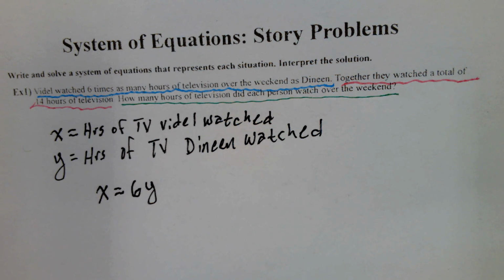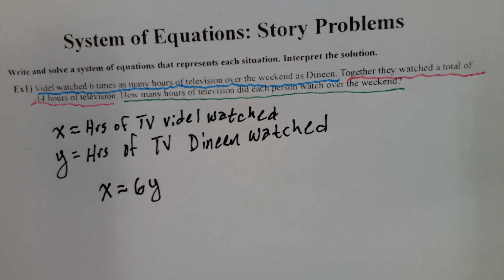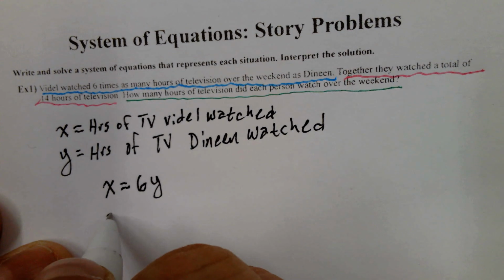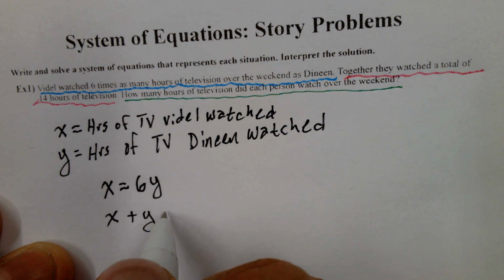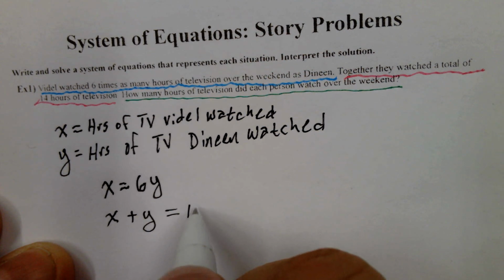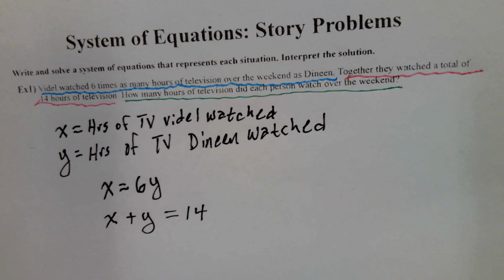So if we take the number of hours Vidal watched and the number of hours Denis watched, we don't know that. Well, maybe you're trying to work it out, but I just want to come up with a separate equation. So right now they're just x and y. So we're going to put those together, which means we're going to add them. So the total would be x plus y equals 14 hours.